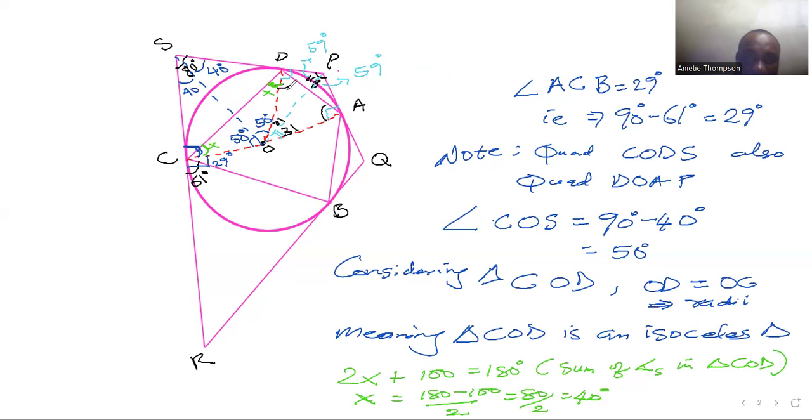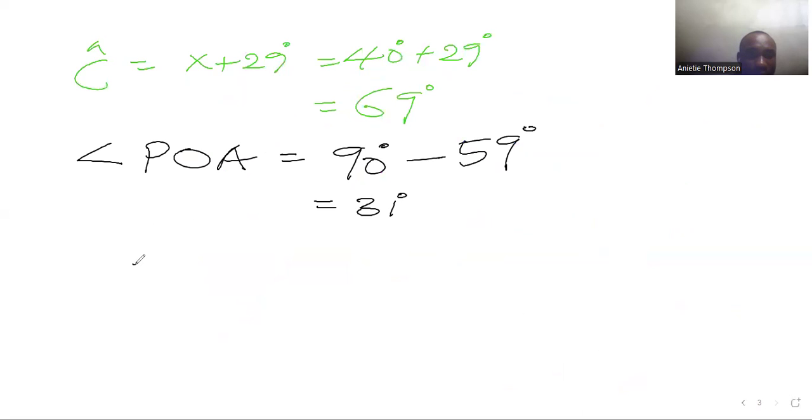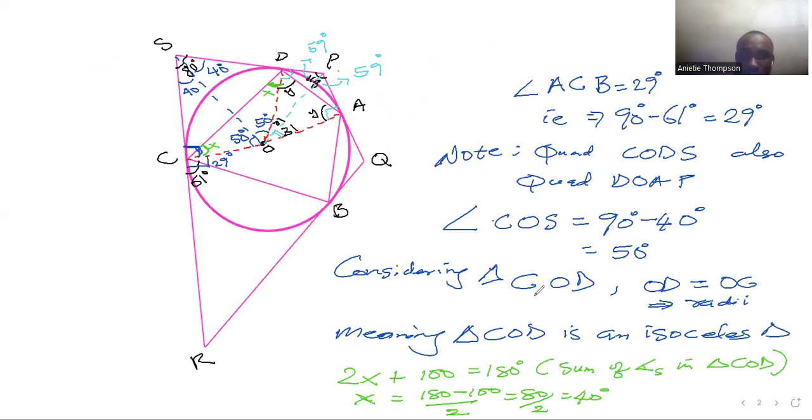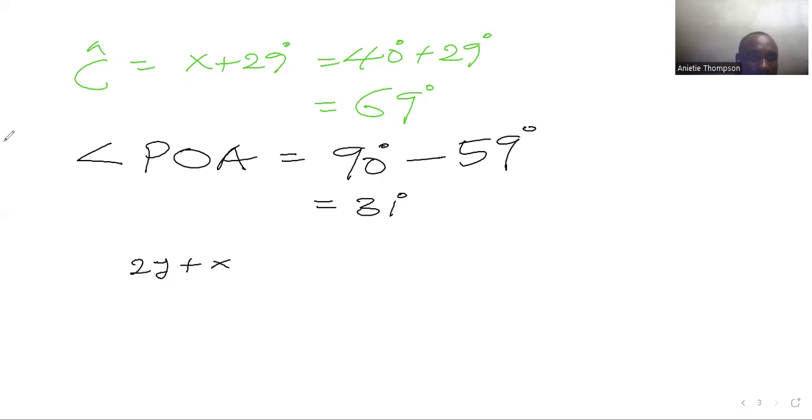So this time, let's call this angle at the base here Y. To find the value of Y, we do a similar thing that we did for X. That means 2Y plus 62 degrees, not X, sorry, must be equal to 180 degrees, that is the sum of angles in a triangle.